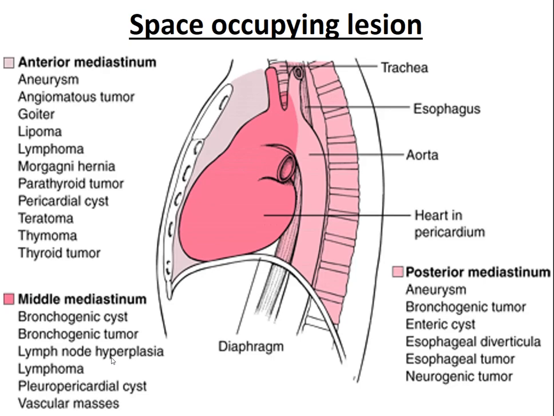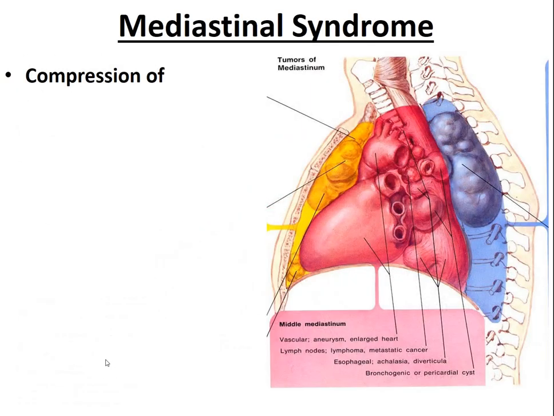The list of space occupying lesions is long, but what happens is that they will ultimately compress the nearby structures, and that causes mediastinal syndrome.